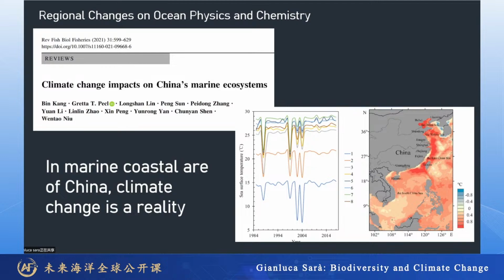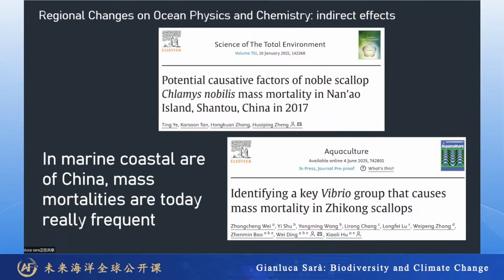They say that you have a quicker increase in temperature with respect to other areas, and the northern parts seem to be more affected by climate change than the southern part.